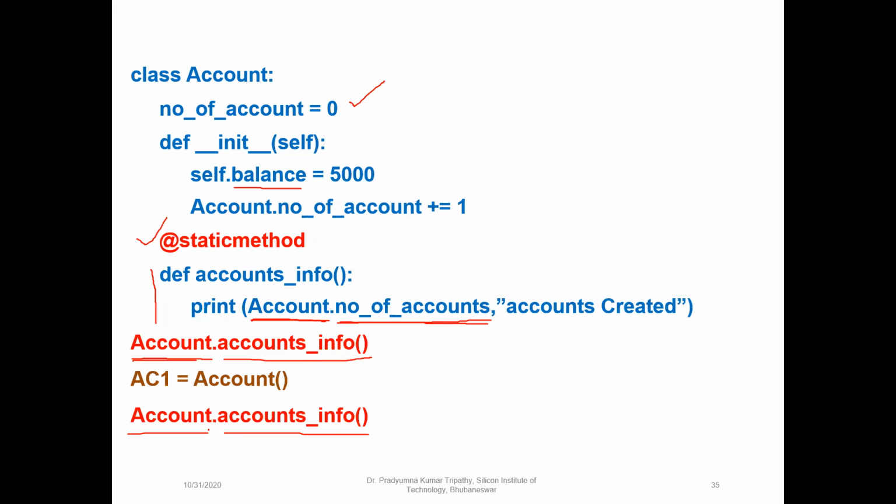Whether it can access static and non-static or only static or only non-static. If it is a static method, it can access other static method or other static members only. But if it is a non-static or instance method, what it can access? Yes, if it is a non-static, it can access both static and non-static.